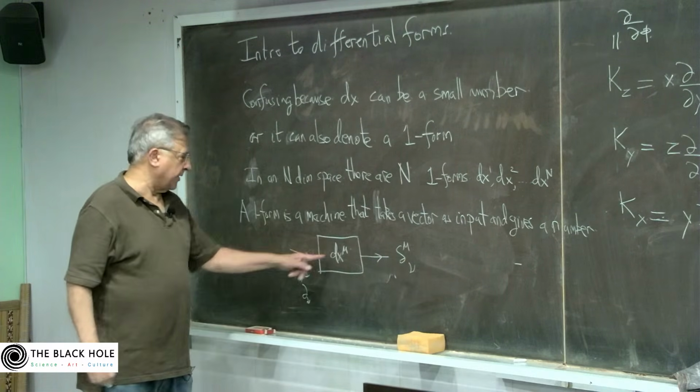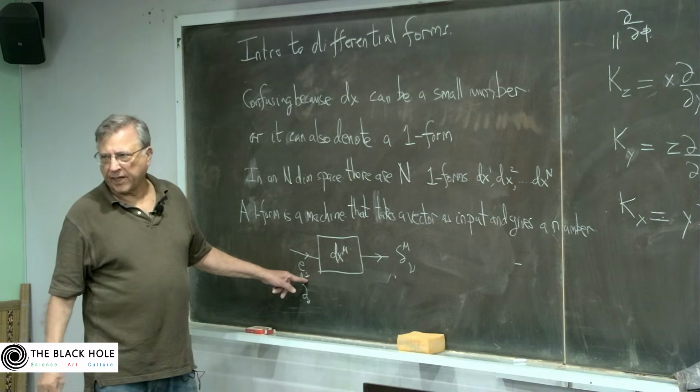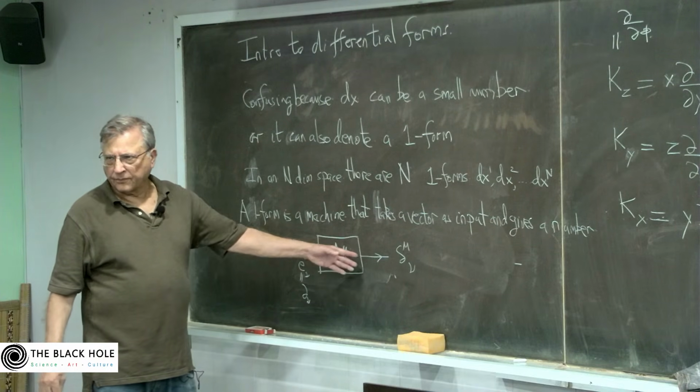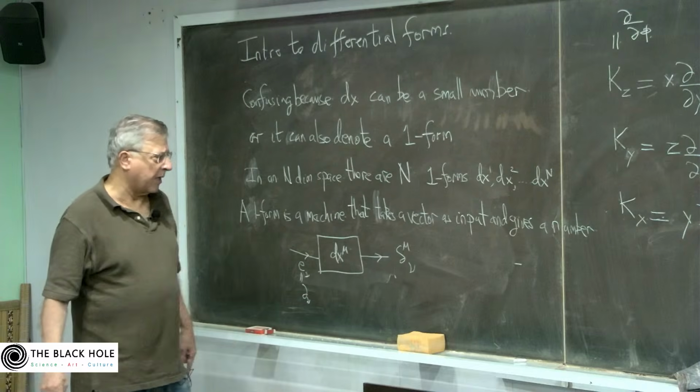So unless mu and nu are the same, you get 0. And if they're the same, you get 1.